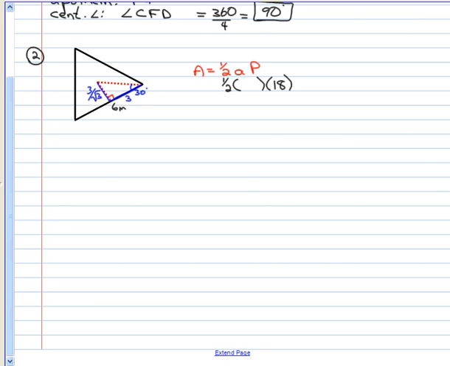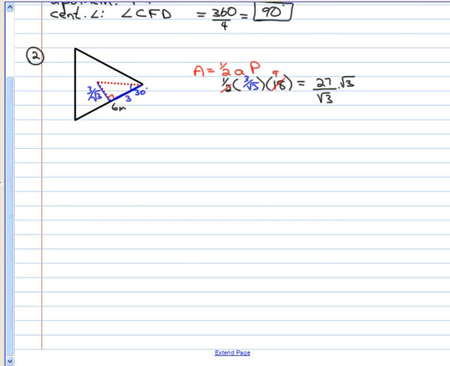So 3 divided by the square root of 3. I can fill in the apothem. Now I'm going to do first the exact answer, because again, it really is very easy. 2 goes into 18 how many times? 9. What's 3 times 9? 27 over the square root of 3. If I was doing the exact, and you can do 27 divided by square root of 3 to get your answer.